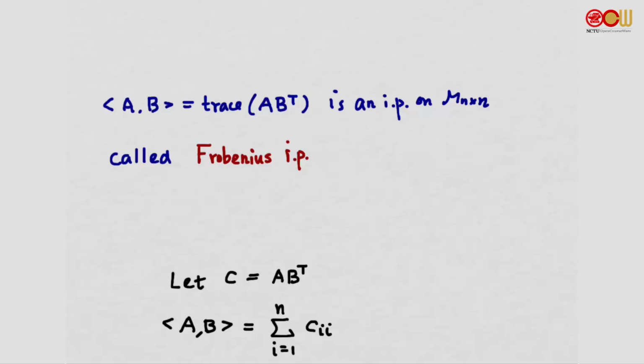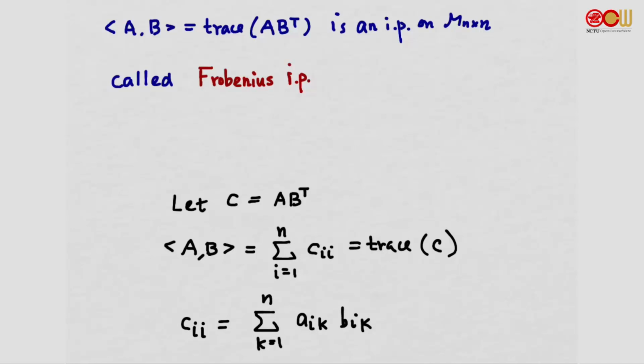Then the trace of A B transpose would be the sum of the diagonal elements of C. C is defined as A B transpose, so the ith diagonal element would be A_ik times the ki element of B transpose.